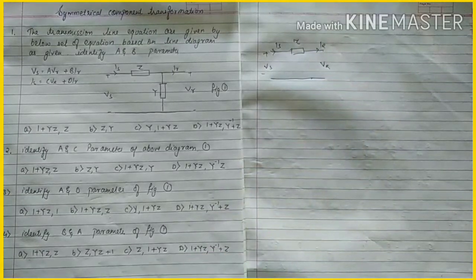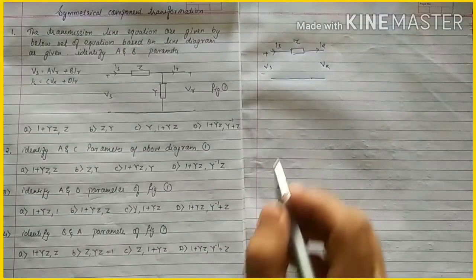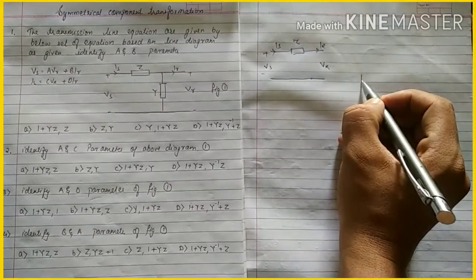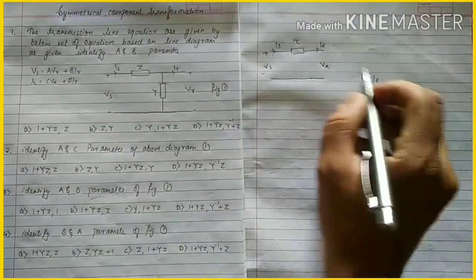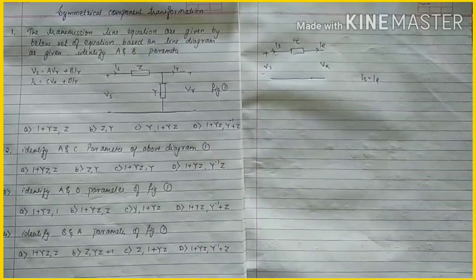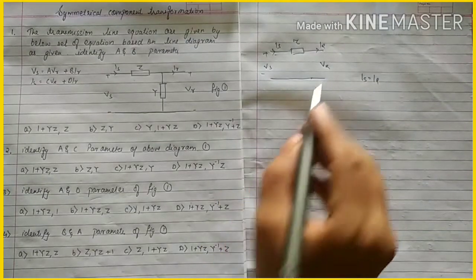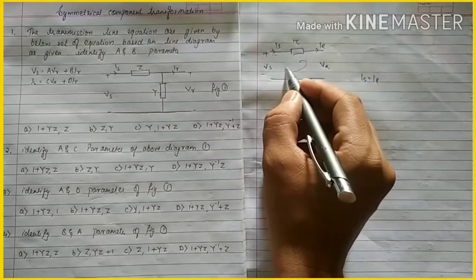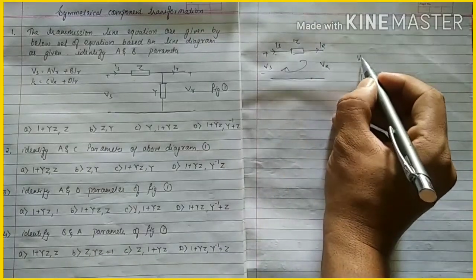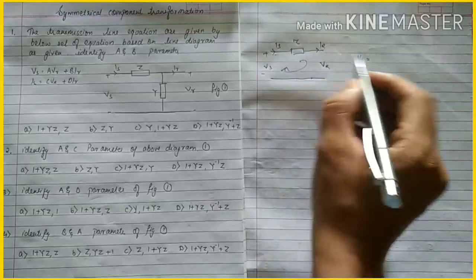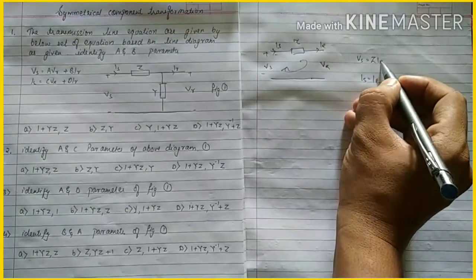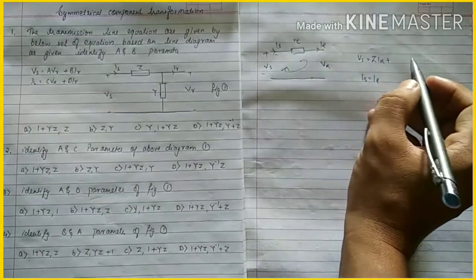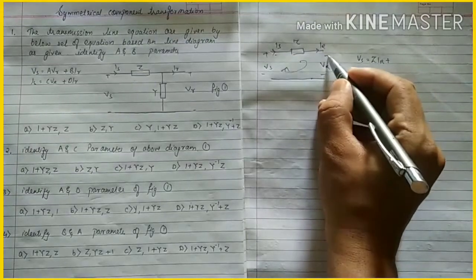Okay, so from the diagram you can see that IS equal to IR, means same current is flowing through this impedance. Okay, and what will be the Vs? Applying KVL here. Okay, so Vs equal to Z into IR plus VR.